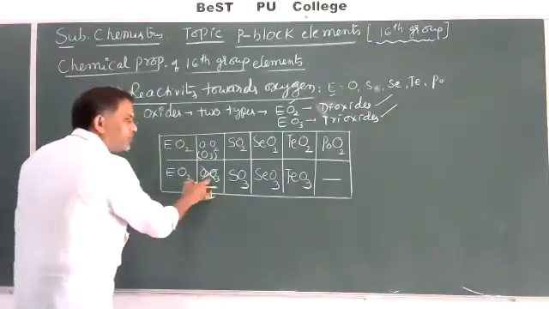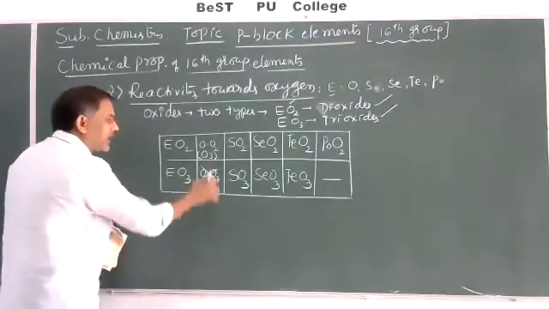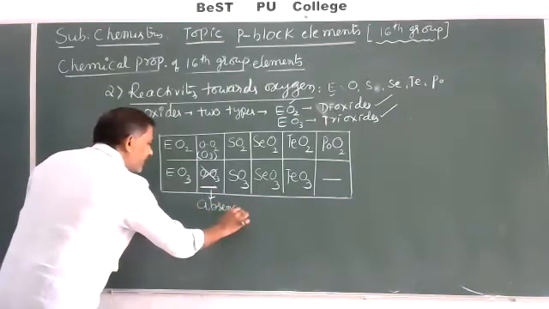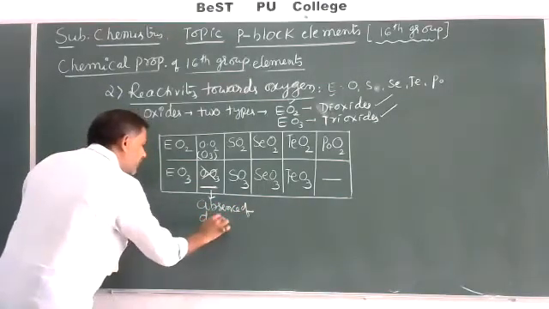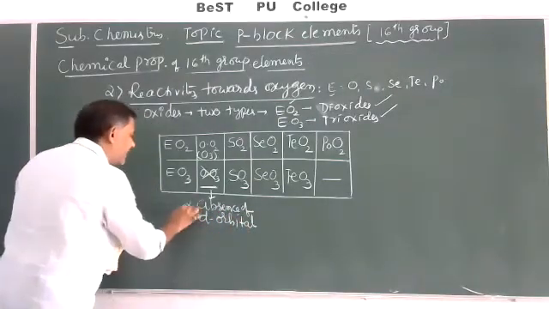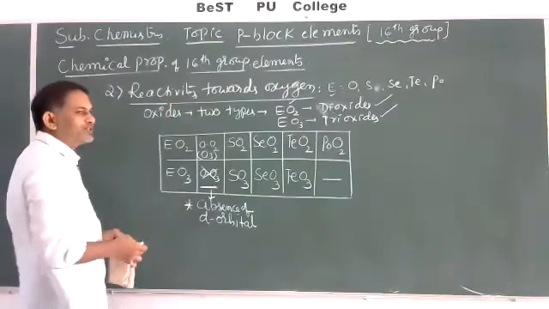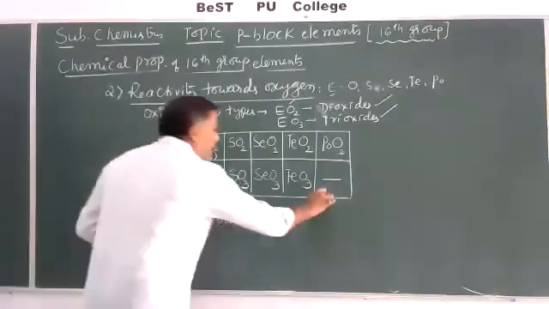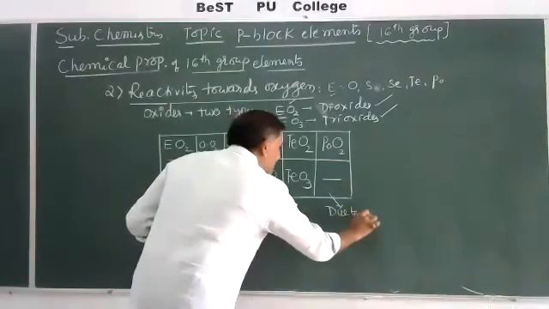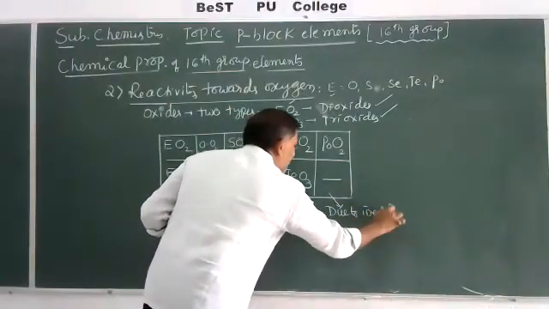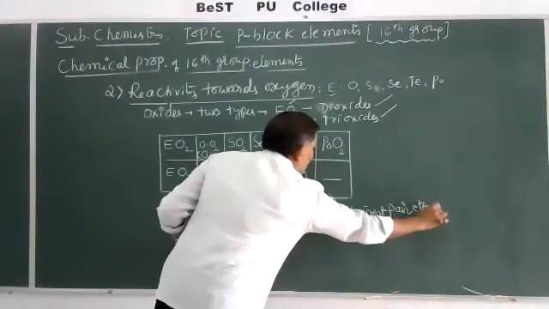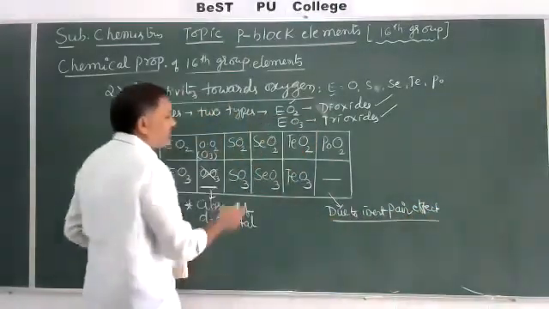Why is it not possible? Because of the absence of d orbitals, oxygen does not form trioxides. Due to the inert pair effect and poor shielding effect, polonium, even if it forms one, is not stable.